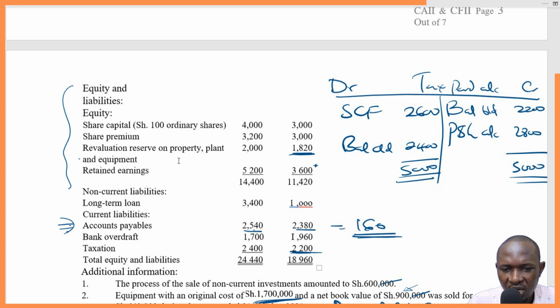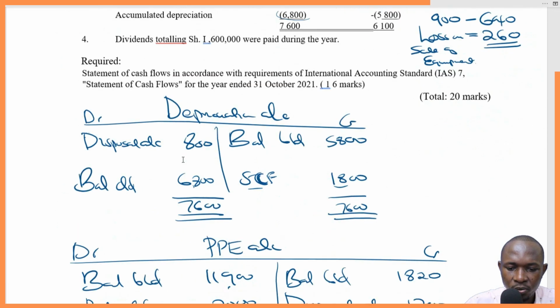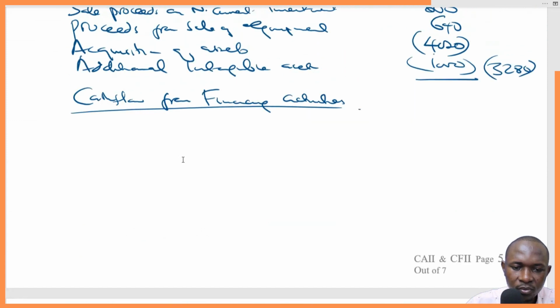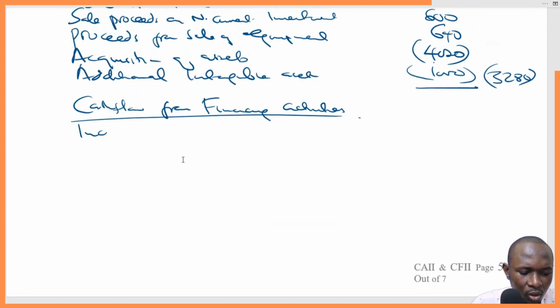We'll start from here, share capital, and you can already see there's an increase in share capital. When there's an increase in share capital, it means we received more money. So it was an inflow. So increase in share capital, 1,000. Or we can talk of proceeds from issue of shares.